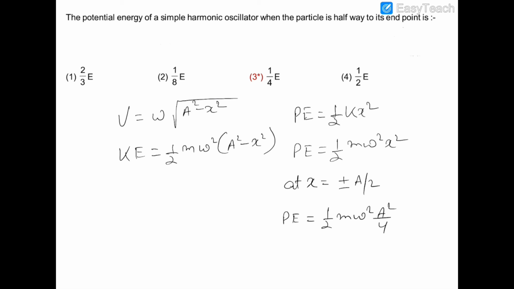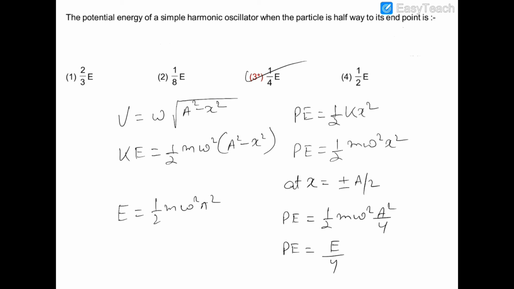If we write the total energy as half m omega square a square, then this potential energy will be equal to E by 4. So the correct answer would be option number 3.